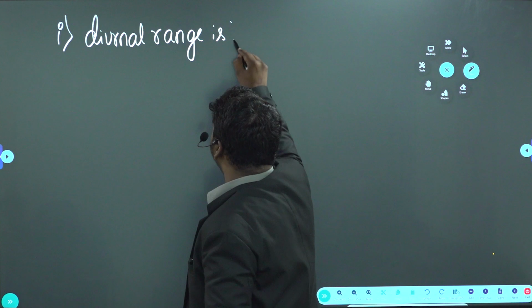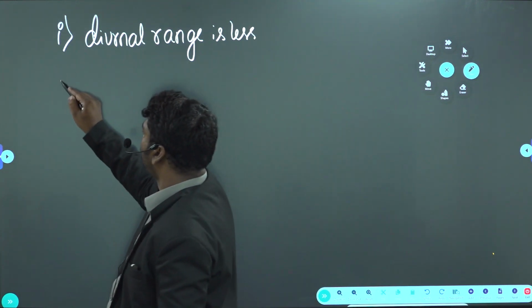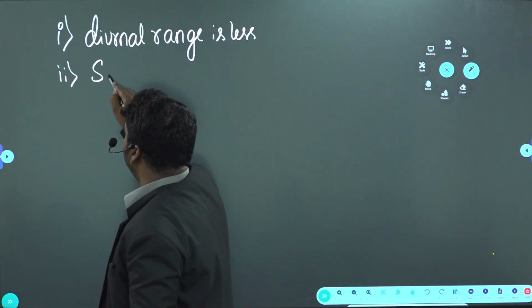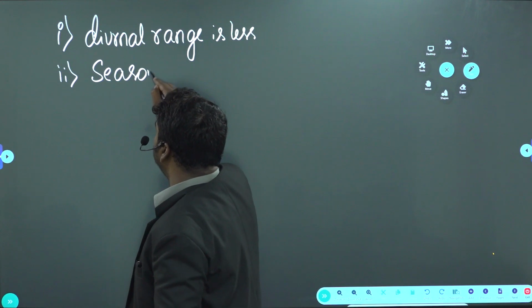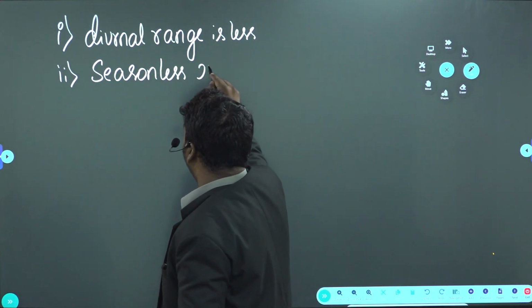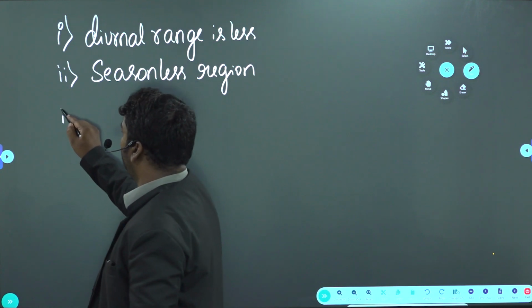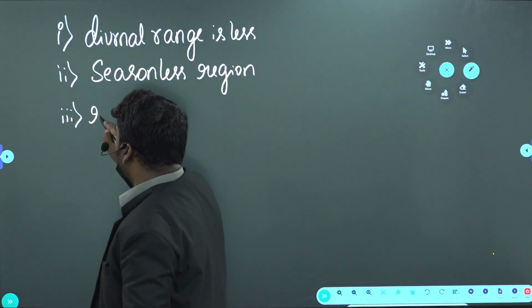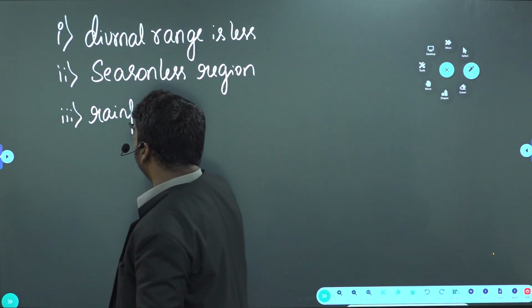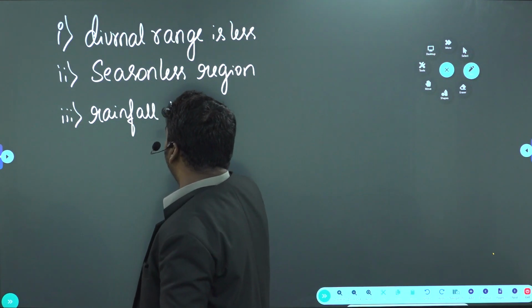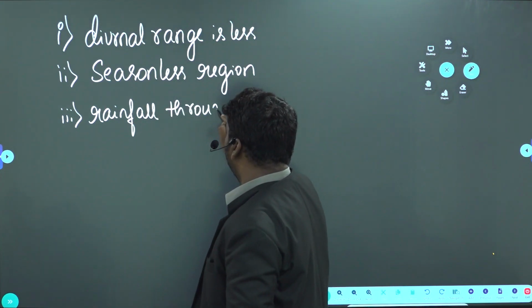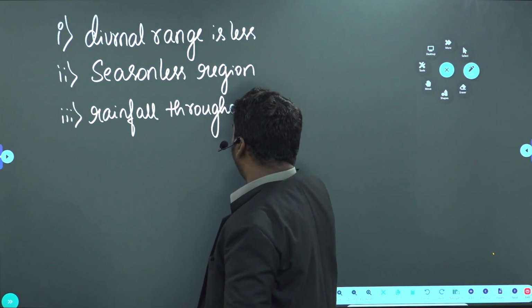Another word, seasonless region. Rainfall throughout.